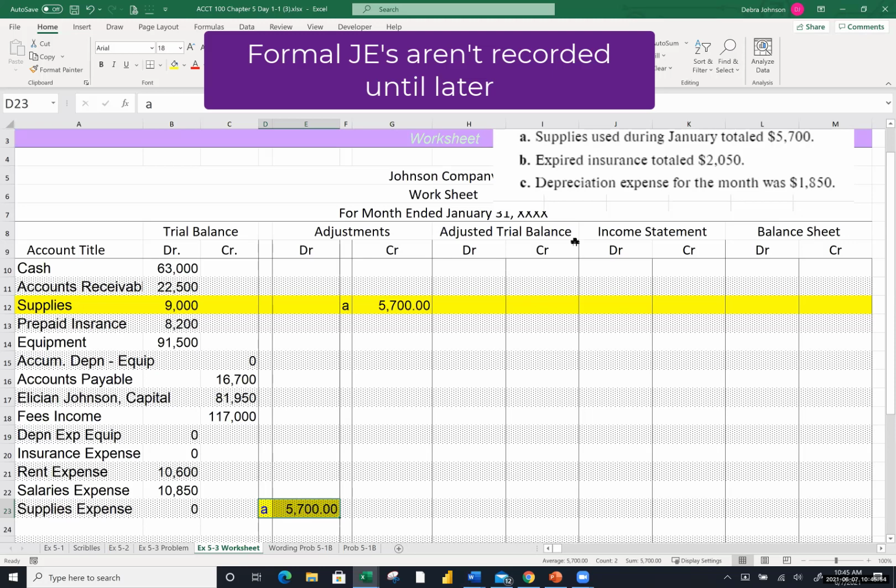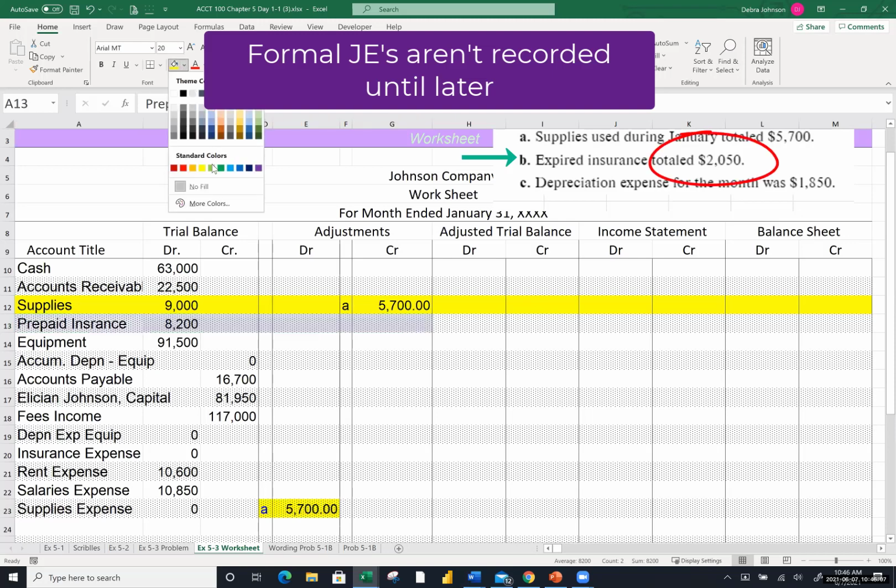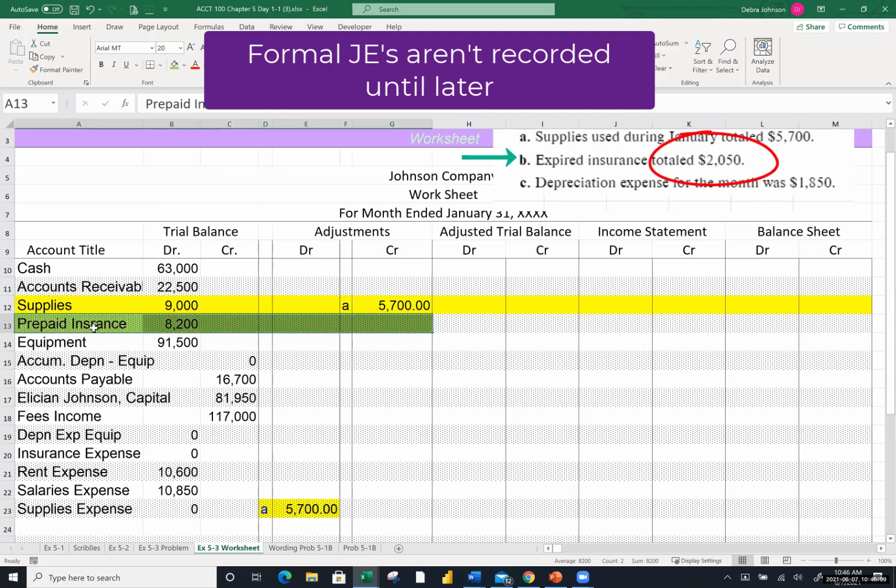All right, letter B, expired insurance. We didn't have to figure out anything. He just told us the amount. So pick the prepaid insurance. I'm going to put it in a different color so your eyes are on it. I see that there's a spelling mistake there. Probably should just ignore it, but let me fix it. Insurance. Okay, they said that the insurance used up was $2,050.